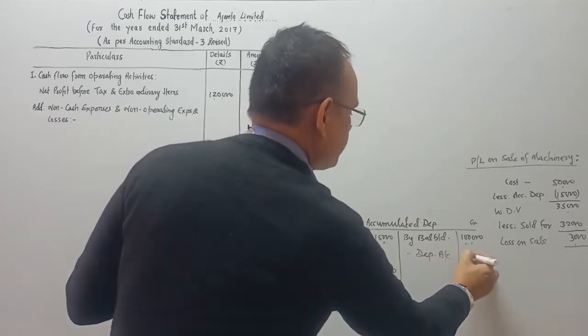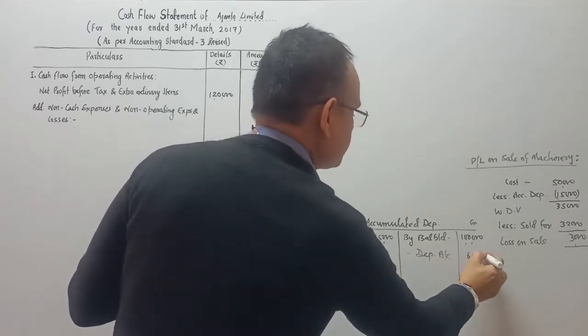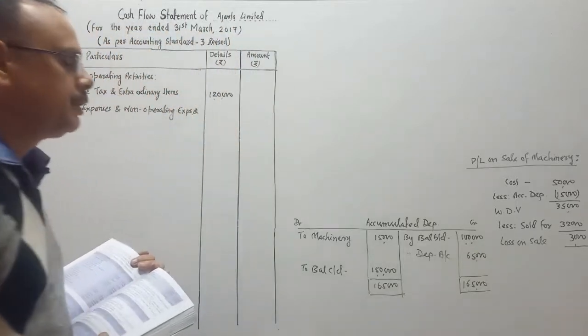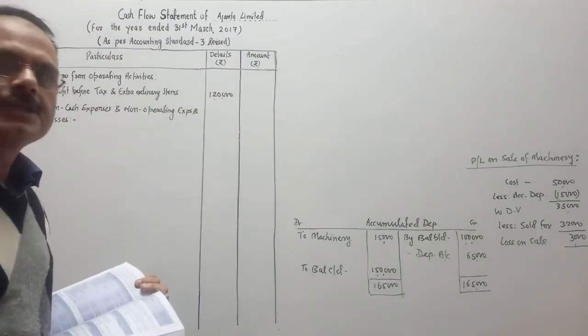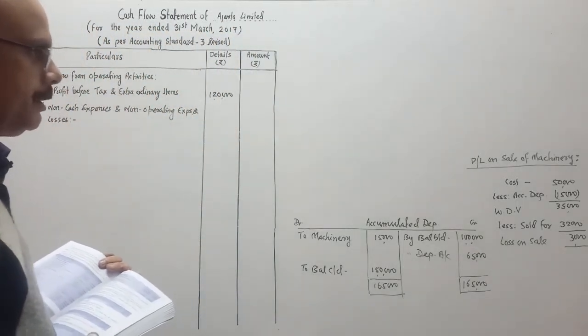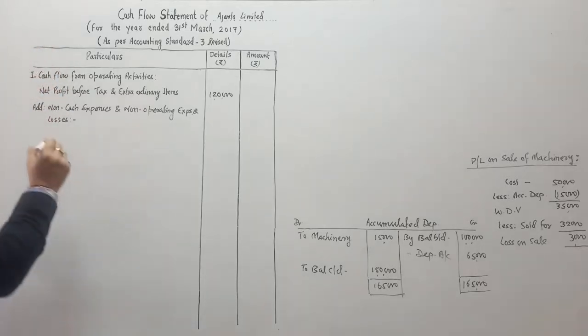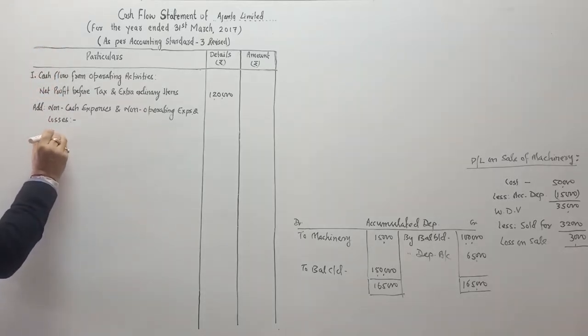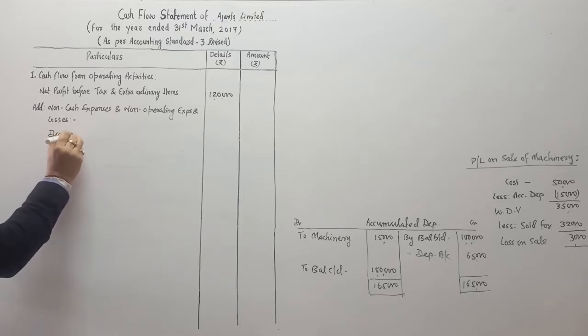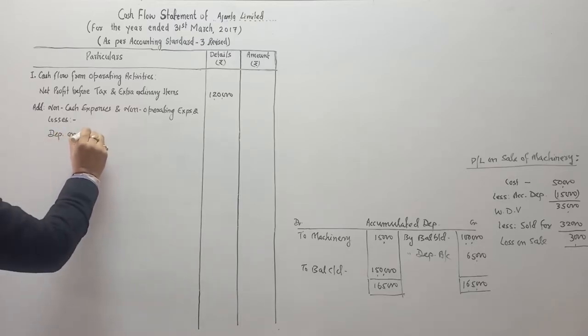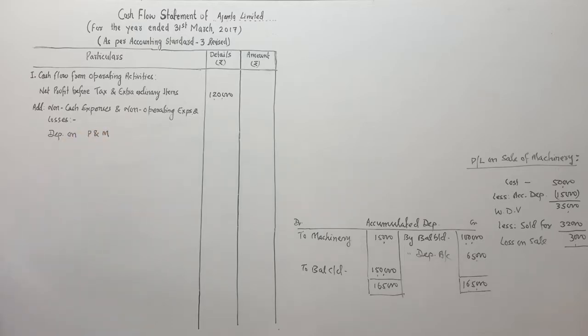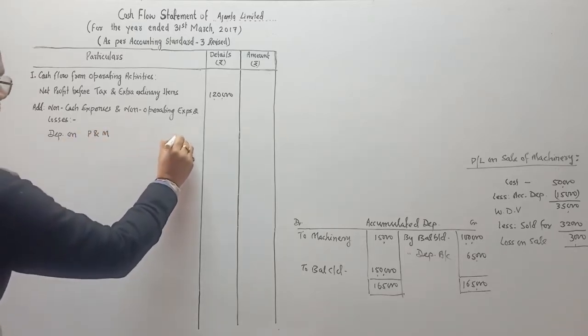So 65,000 is the depreciation charged during the year. So we will write over here depreciation on plant and machinery during the year is 65,000.